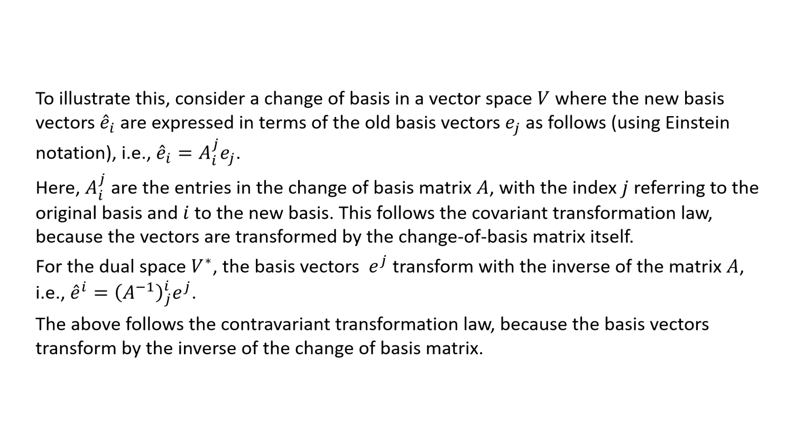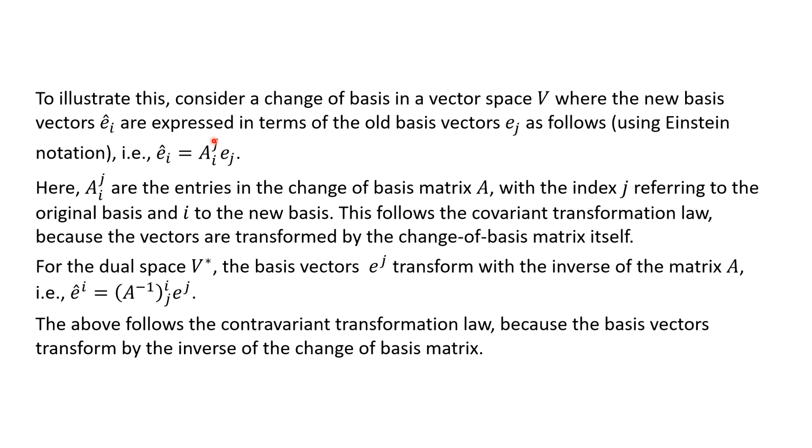To illustrate the point I made at the end of the last slide, consider a change of basis in the vector space V, where the new basis vectors, given by this symbol here, e sub i hat, are expressed in terms of the old basis vectors e sub j as follows, using the Einstein summation notation.